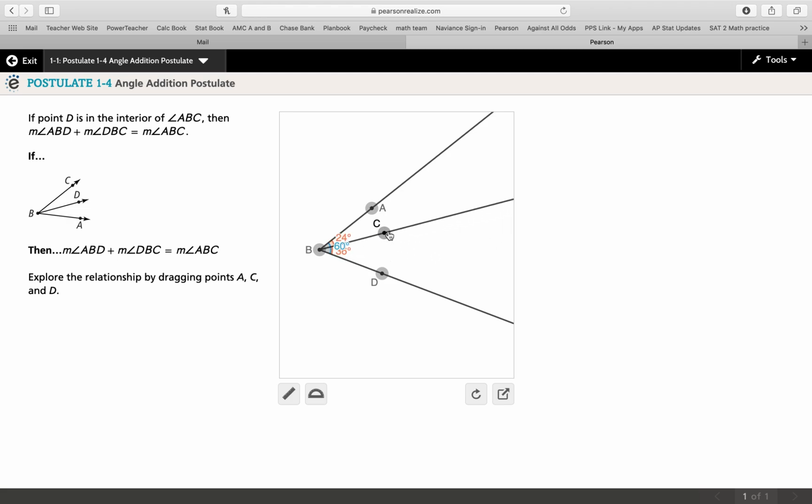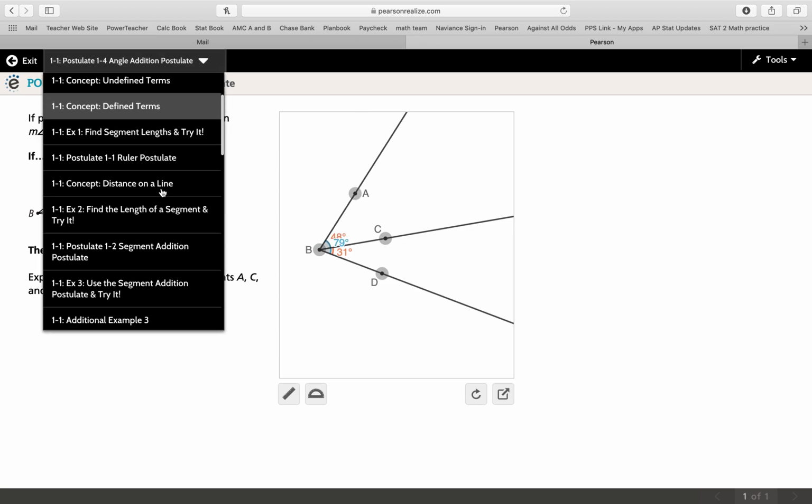It's still 60. Okay? I could also change angle A, and now I'm changing angle ABD because ABC is 65, CBD is 31. You add them together, you get 96. Okay? So again, you can play around with this on your end if you would like to, but this is the angle addition postulate.